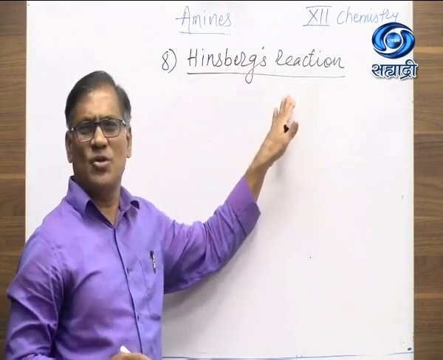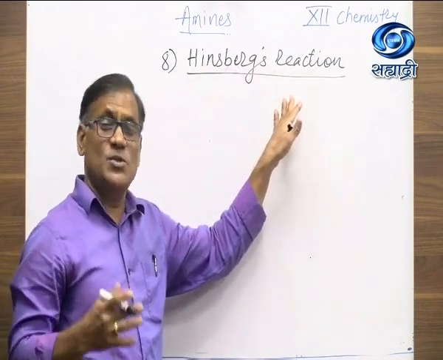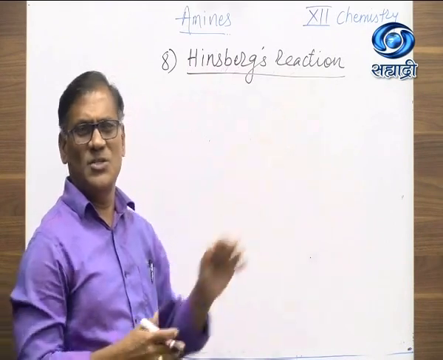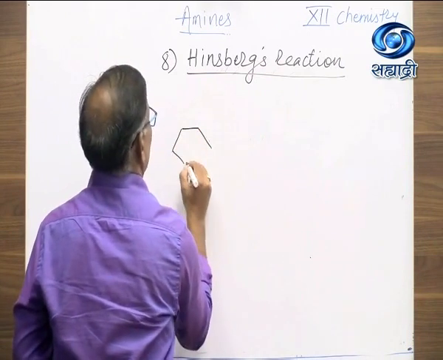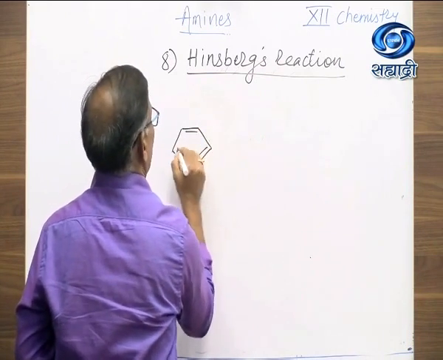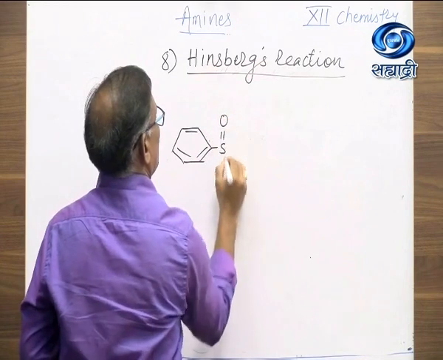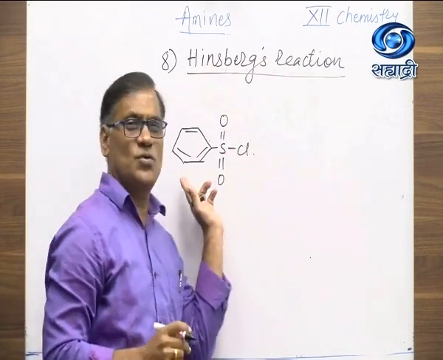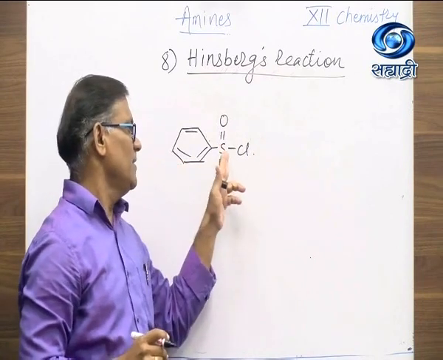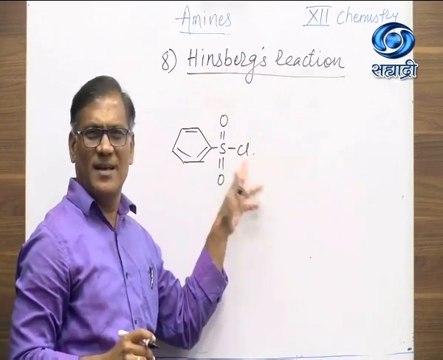So before we start discussion on this particular reaction, we must know what is Hinsberg's reagent. Hinsberg's reagent is the reagent where benzene ring combines with SO2 and Cl, and that's why it is also called aryl or arene sulfonyl chloride.